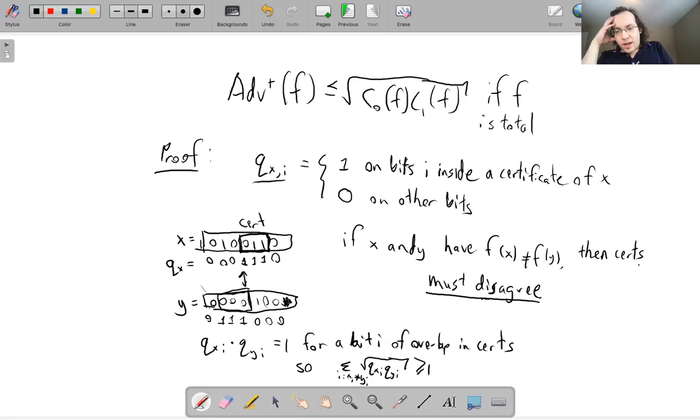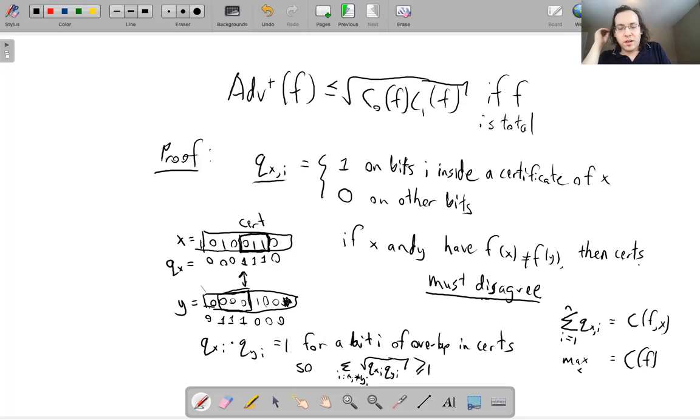All right, and then we have that the sum from i equals 1 to n of q_x,i is just equal to the number of ones in that weight scheme for x, which is the certificate size for x. So this is C(f, x). Basically, it's the cost of certifying x with respect to the function f. So the maximum of this over x is equal to C(f).